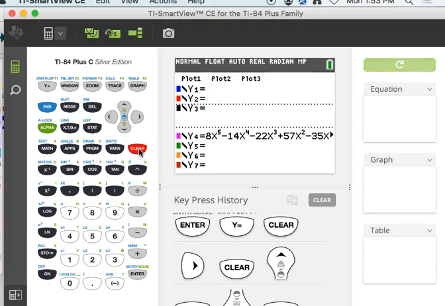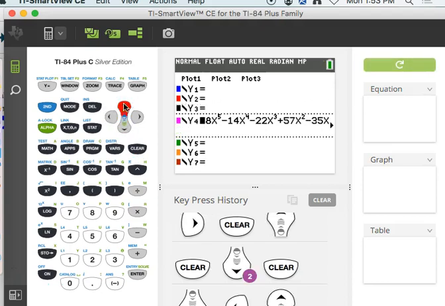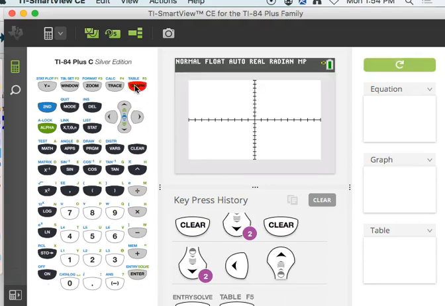All right. So there's our monster polynomial right there with the 8x to the 5th. And I'm going to activate that one by turning on the equals, and just going to try that Zoom 6 window. It's working. It's just taking some time here.